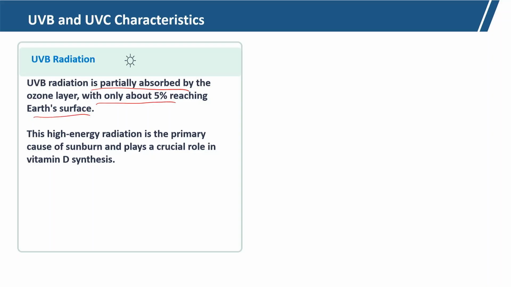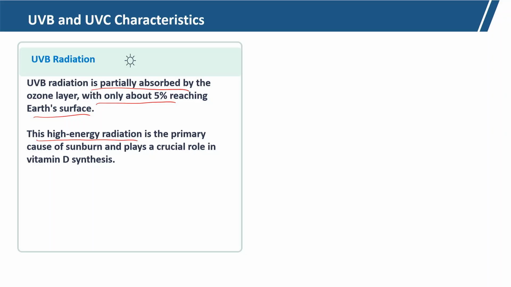So it is partially absorbed, and in UVA 95% is reaching, only 5% is absorbed, and it is high energy radiation.